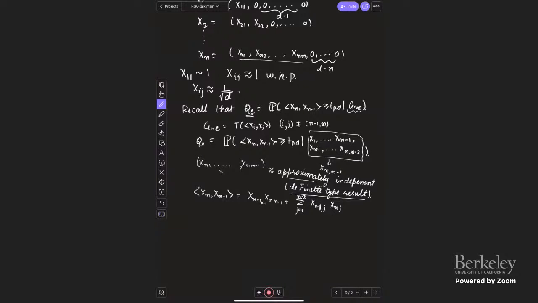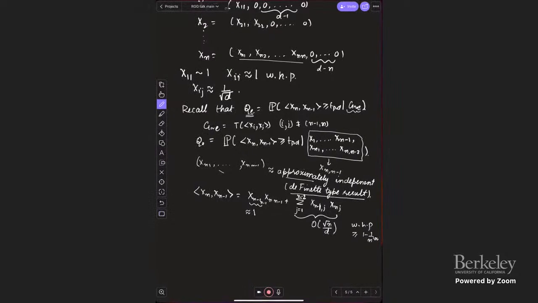We've seen that by the concentration of measure phenomenon, this quantity is of the order square root of n over d with high probability, by which I mean at least 1 minus 1 over n to the 100. And ⟨xn−1, x(n−1)⟩ is approximately 1.